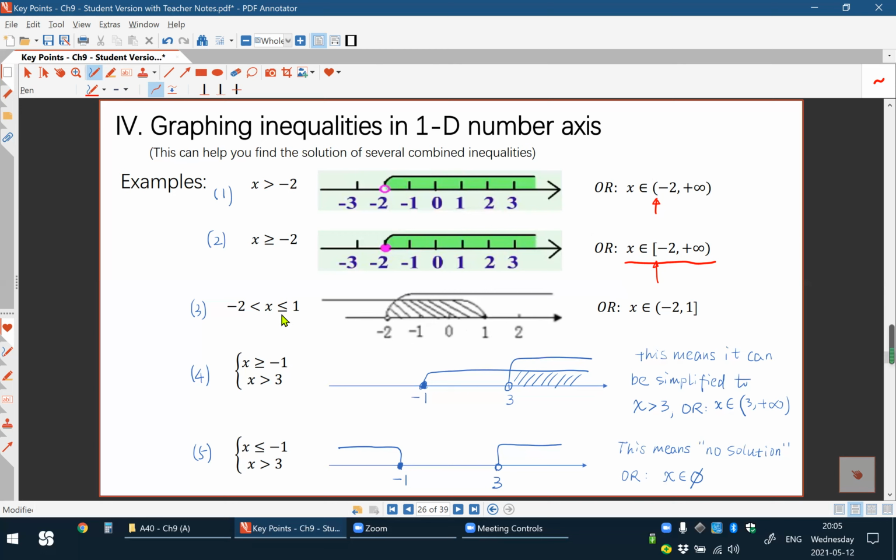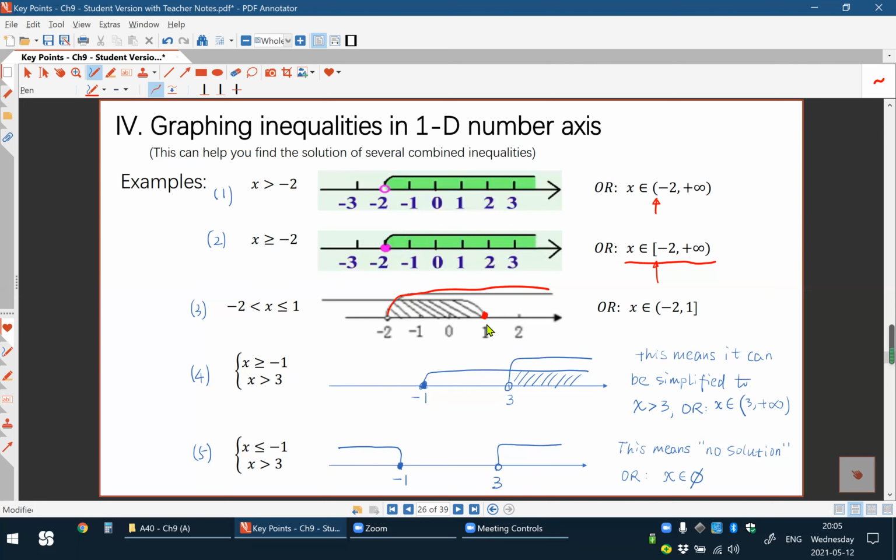All right, third one, if we have x is strictly greater than -2 and smaller than or equal to 1, how do we draw this? Again, first draw a number line or number axis, and x is greater than -2. That means we need to draw a circle on -2 here, right? And the line here means x could be any number that is above -2. And then x is smaller than or equal to 1, so use a dot here.